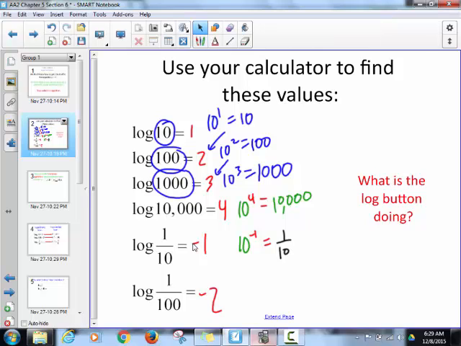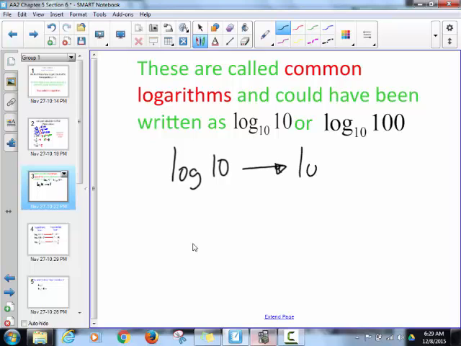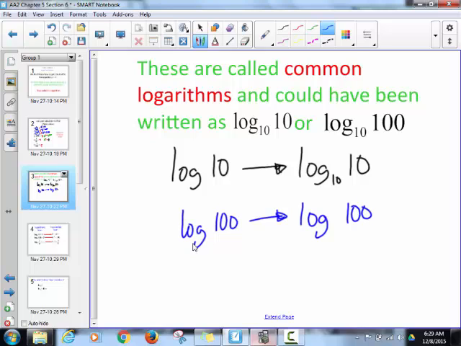So is that true for all logs? Well, we call these common logarithms. And we could also write them just like this. So writing log of 10 is the same thing as writing log of 10 base 10, is what we call it. Same thing, writing log of 100 is the same thing as writing log of 100 base 10. And why do we say base?